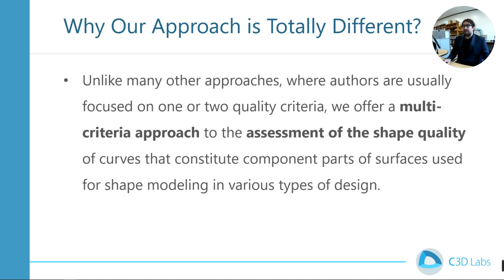The next question: why is our approach totally different from other existing approaches? The aesthetic attractiveness of industrial products is critical to their market success. Curves in industrial design must meet aesthetic standards, since the characteristic lines of an industrial product are particularly significant for its aesthetic impact.